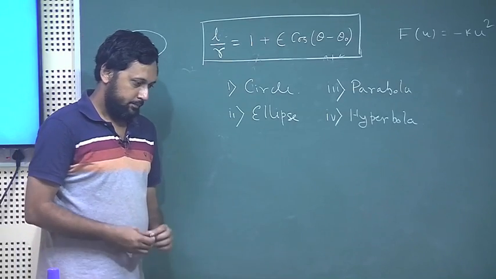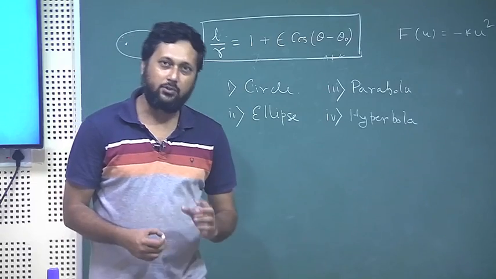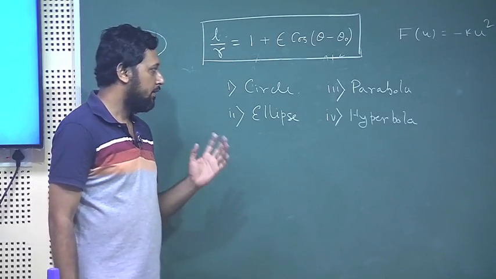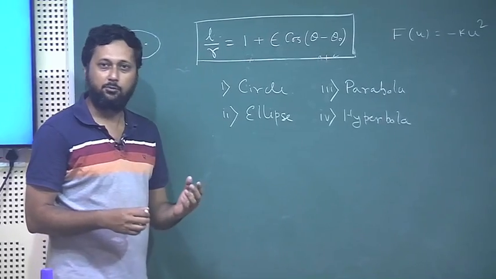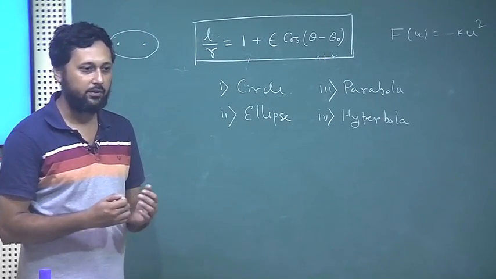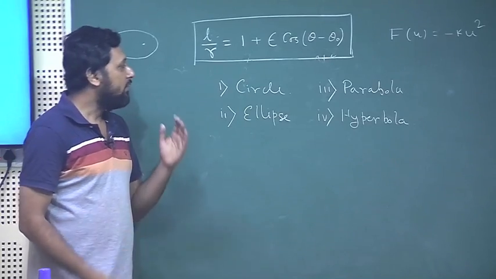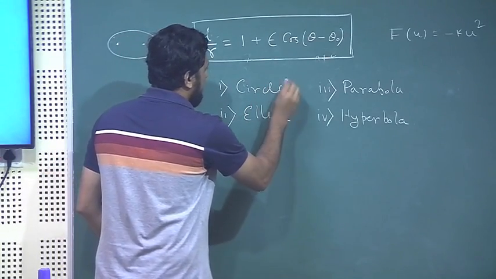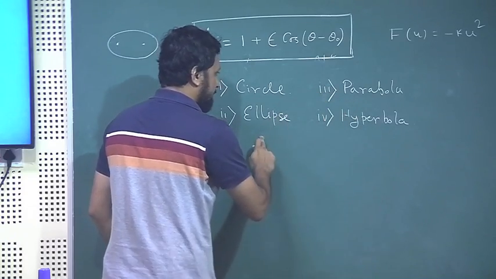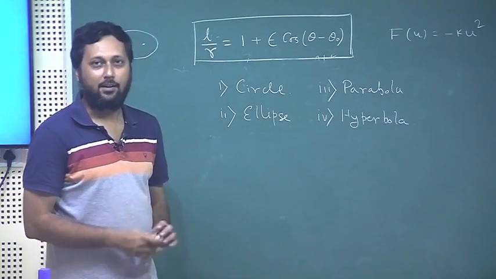Now, it so happens that depending on the energy of the entire system, the energy of the particle which is moving under the action of a central, inverse square attractive or repulsive force, we can comment whether the orbit is a circle, a parabola, an ellipse or a hyperbola, but that comes at a slightly later stage.